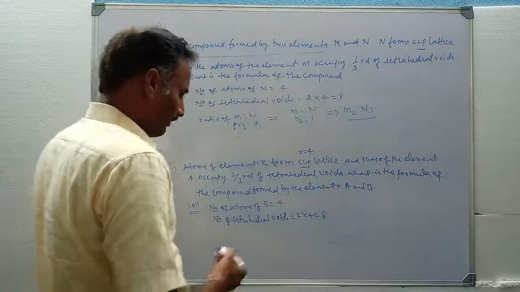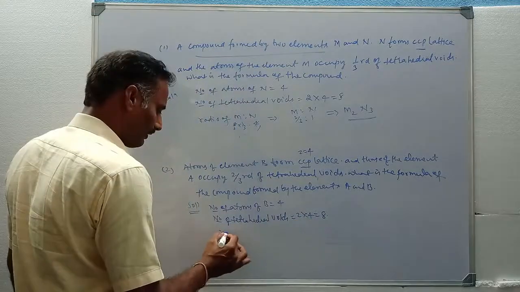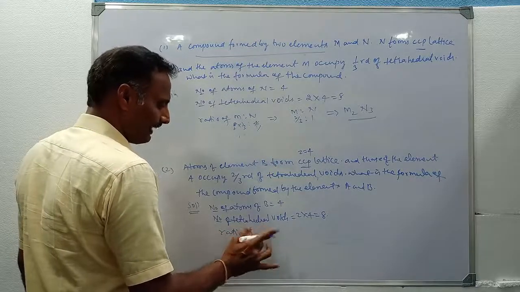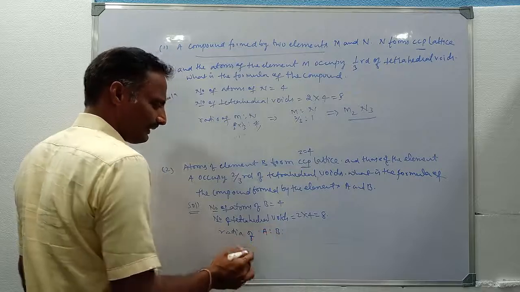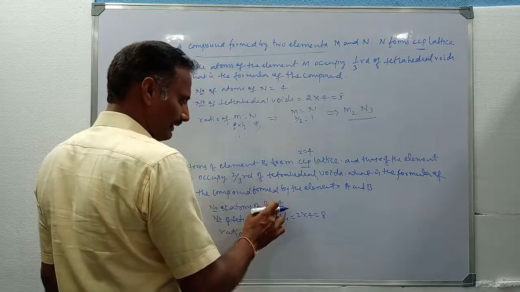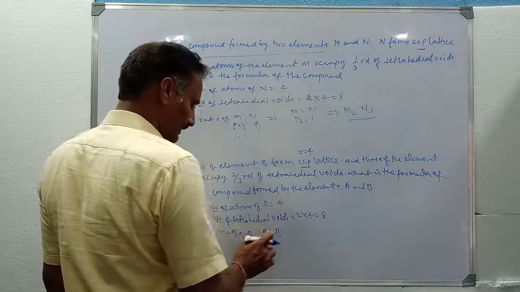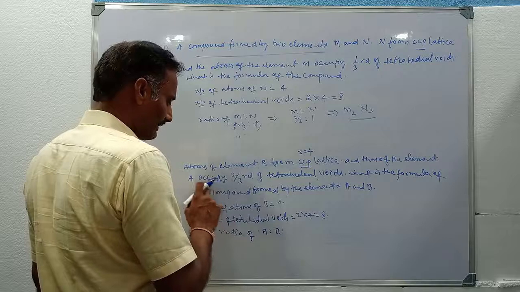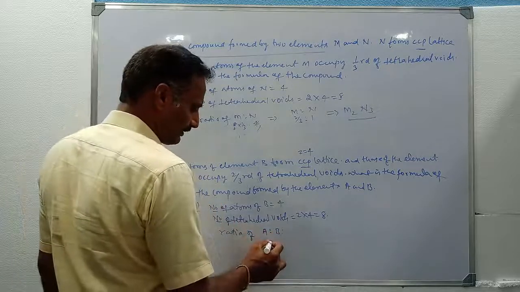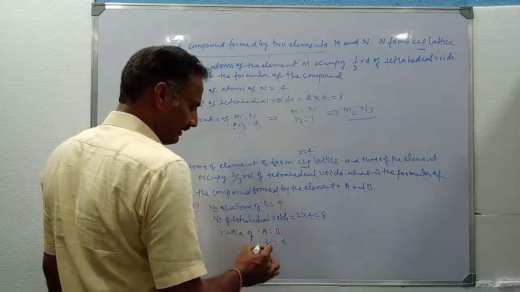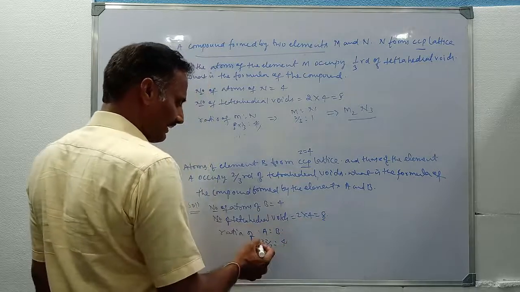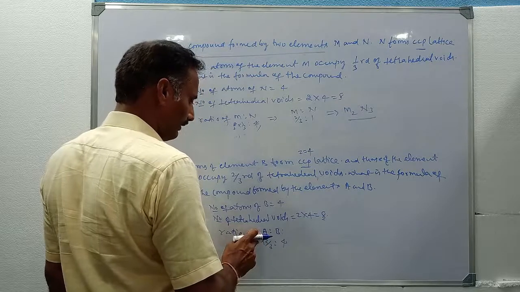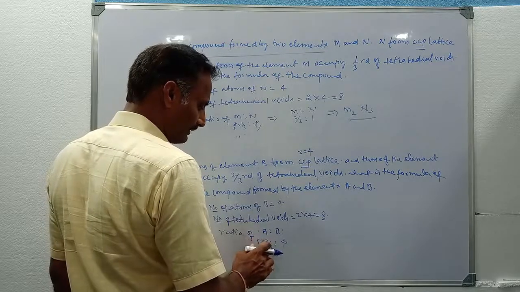Then you find out the formula of the compound. The ratio of A and B is given by: B is 4 particles. Out of 8 tetrahedral voids, 2/3 of the tetrahedral voids are occupied by atoms of A, so A is 8 into 2/3, which is 16/3, to 4.